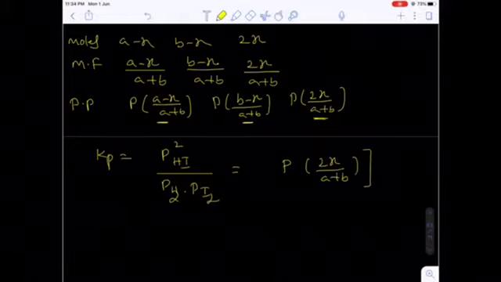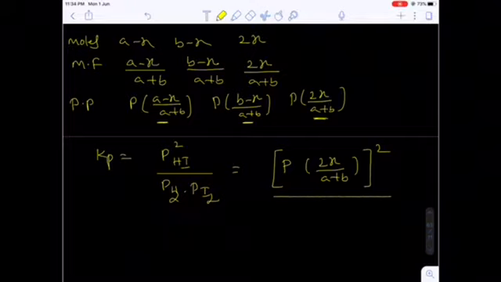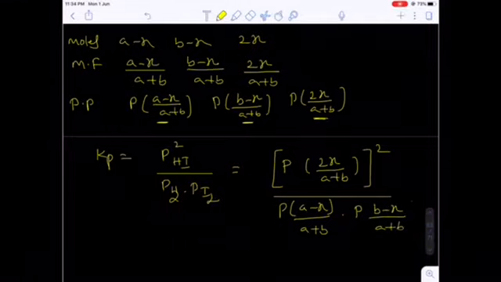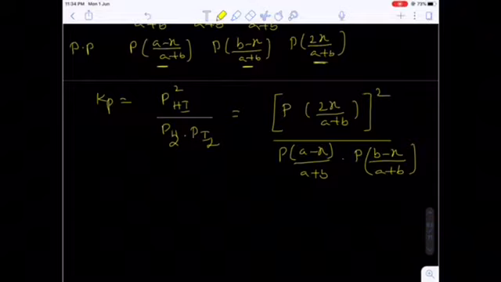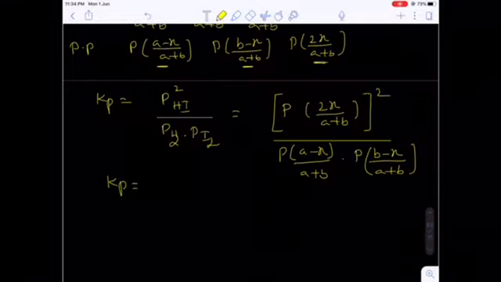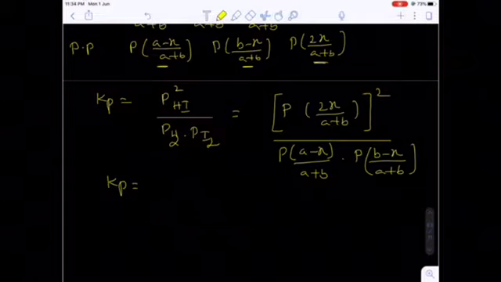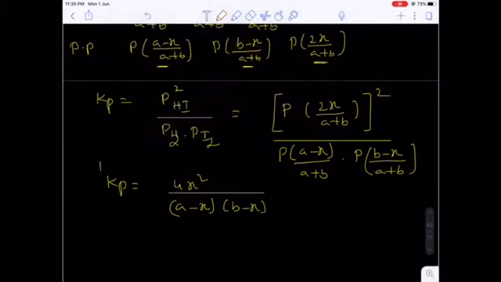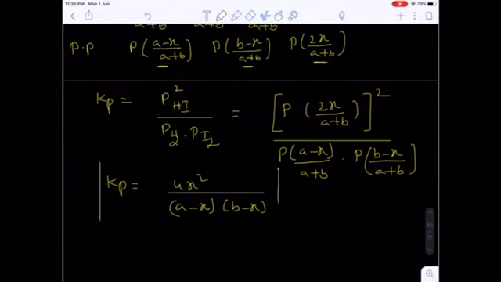P into 2x by A plus B whole square, divided by the partial pressure of hydrogen, P into A minus x by A plus B, and partial pressure of iodine, P into B minus x by A plus B. After simplifying this expression, you will get the Kp expression, which is again 4x square by A minus x into B minus x. This is the expression for Kp.